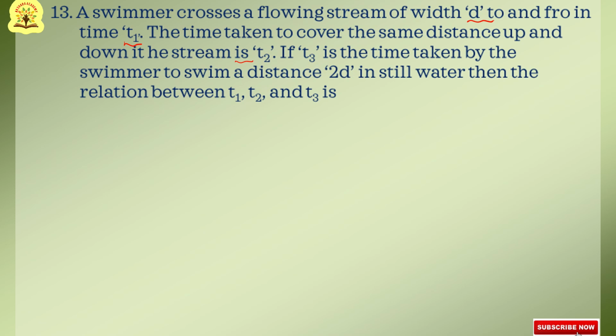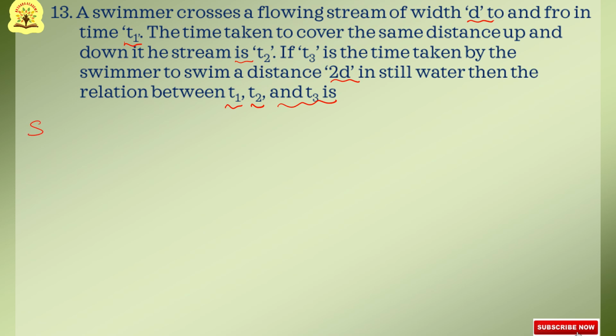If t3 is the time taken by the swimmer to swim a distance 2d in still water, then the relation between t1, t2 and t3 is... Here we have to calculate the relation between t1, t2 and t3. t1 is the time in which a swimmer crosses a flowing stream of width d to and fro, t2 is the time taken to cover the same distance up and down, and t3 is the time taken by the swimmer to swim a distance 2d in still water.